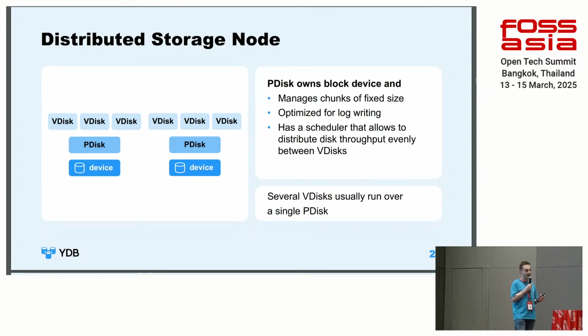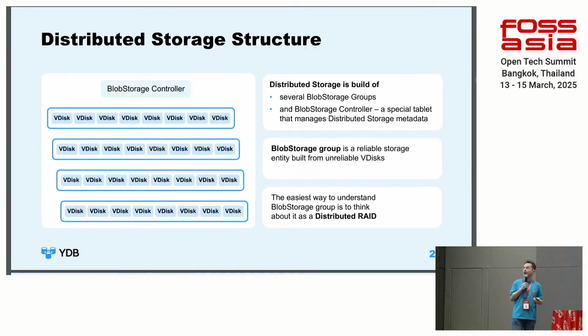We want fair scheduling. And usually each pdisk can have multiple virtual disks. A virtual disk is an unreliable component, but we form a group of virtual disks, and each group is now a reliable and fault-tolerant component. And our distributed or blob storage consists of many such groups.